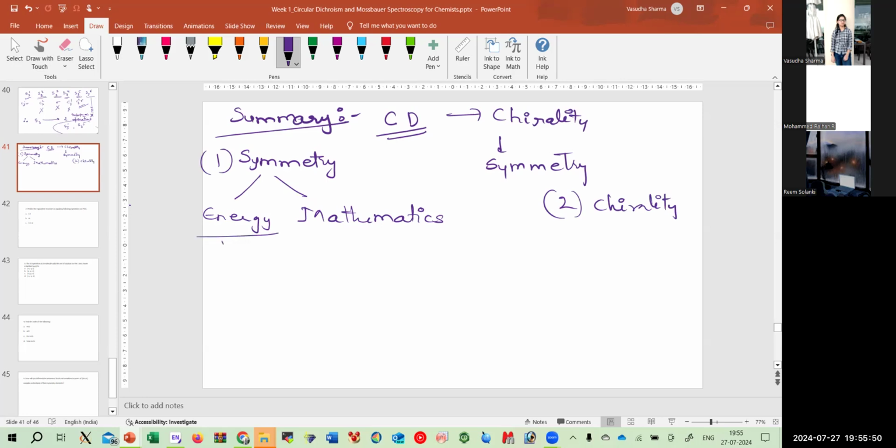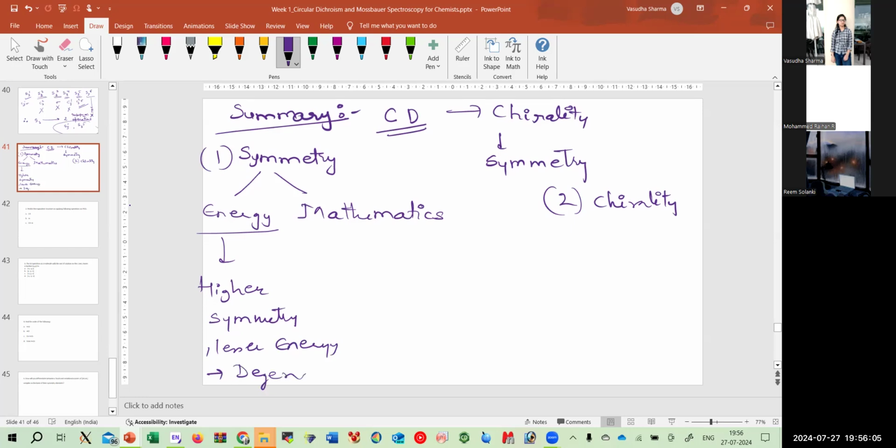So in energy, we found that the higher the symmetry, the lesser the energy, and there would be more degeneracy. That means the energies would be equal. When you reduce the symmetry, energy increases and degeneracy is lost.